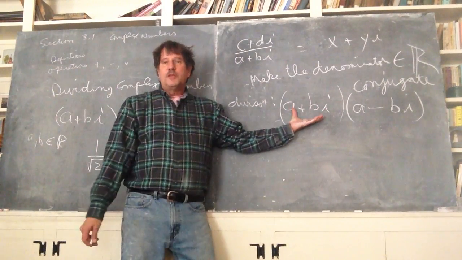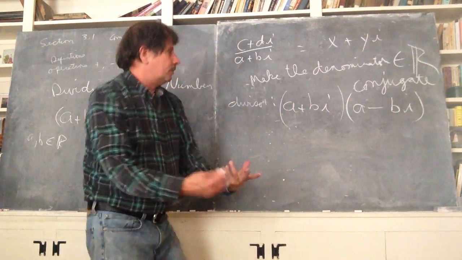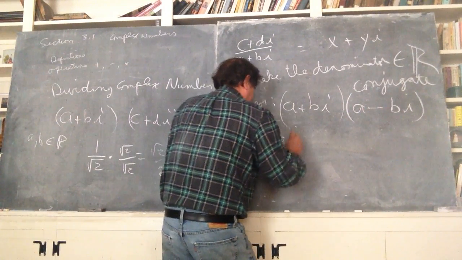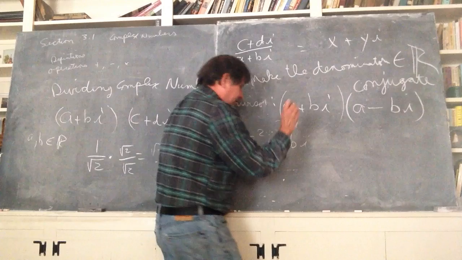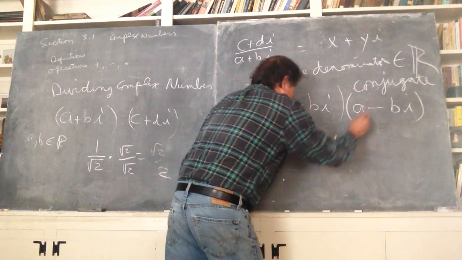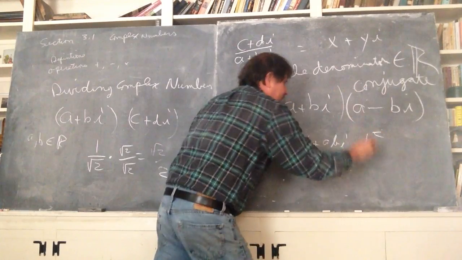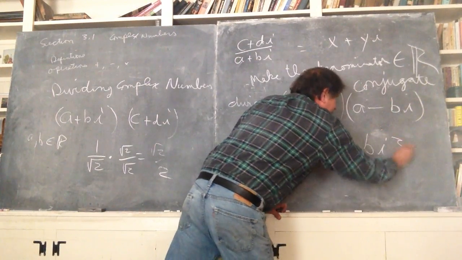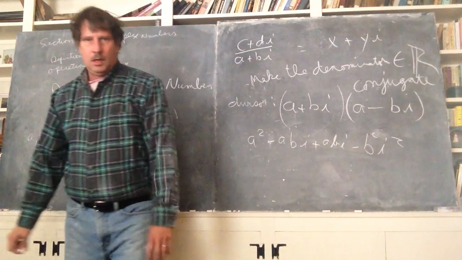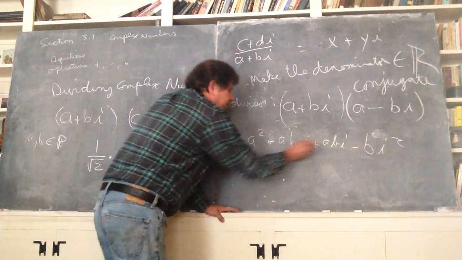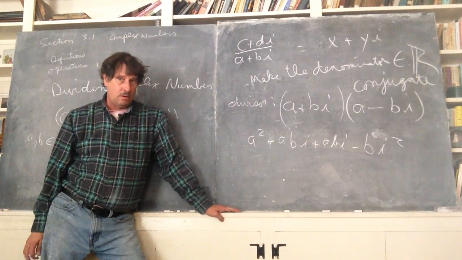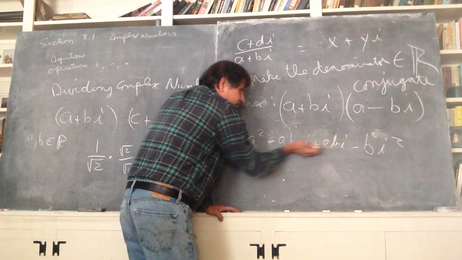The conjugate of a plus bi is a minus bi. So let's multiply: a squared plus abi minus abi minus b squared i squared. Look, boom, those two subtract out. The imaginary part is gone.